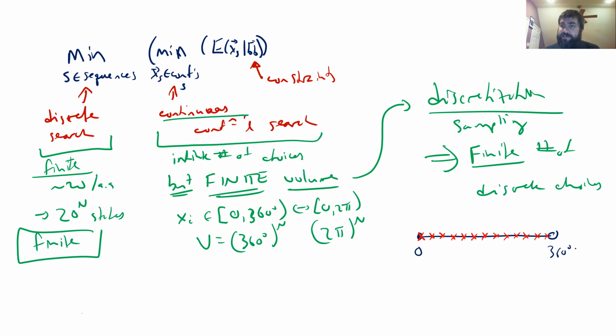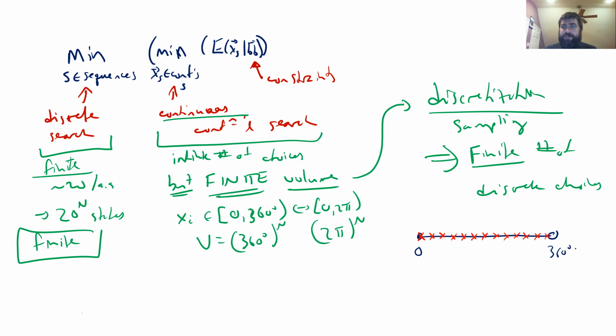Now, we can always discretize. We can discretize the set of all real numbers. We say instead of allowing every possible real number, we're only going to allow integers, or integer multiples of 5, or something like that.